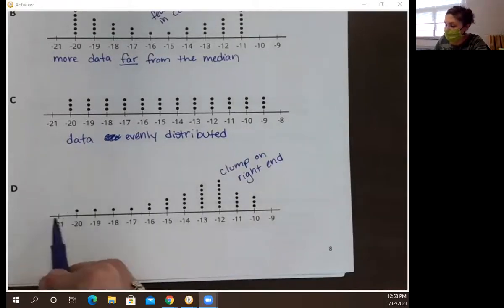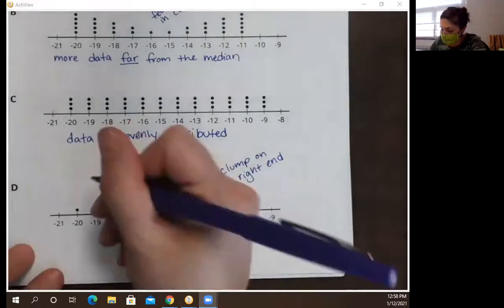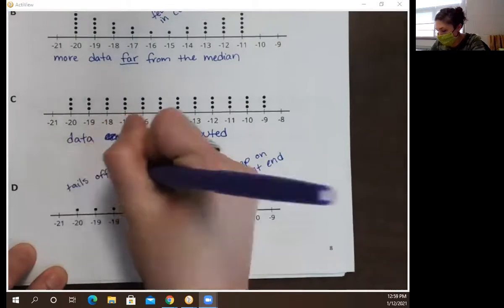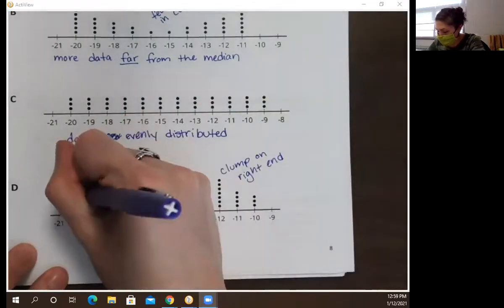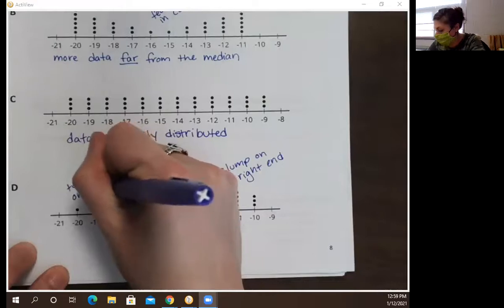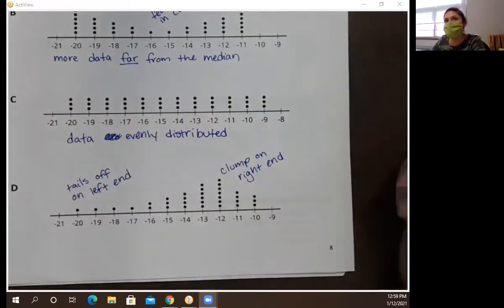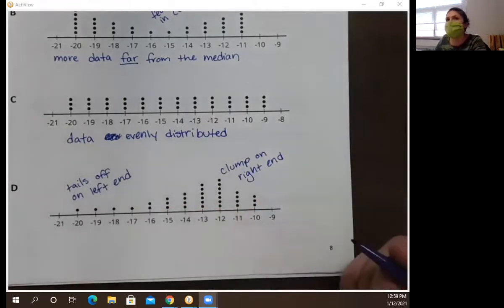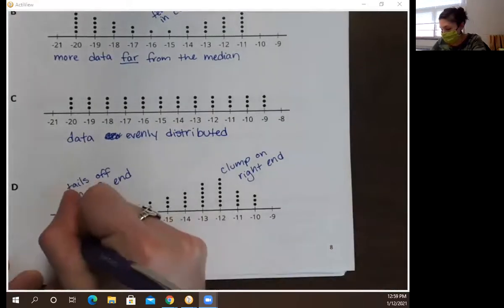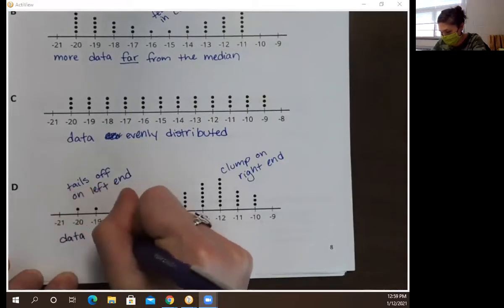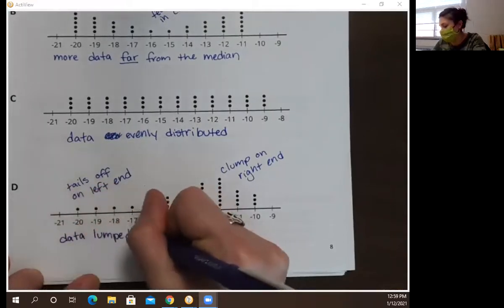And then it tapers off here. We'll say tails off. So that clump isn't centered. It's shifted off to the right. Say our data is lumped to the right.